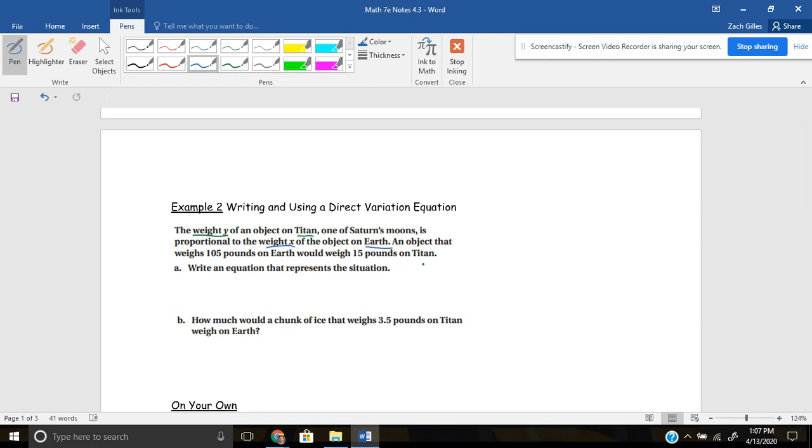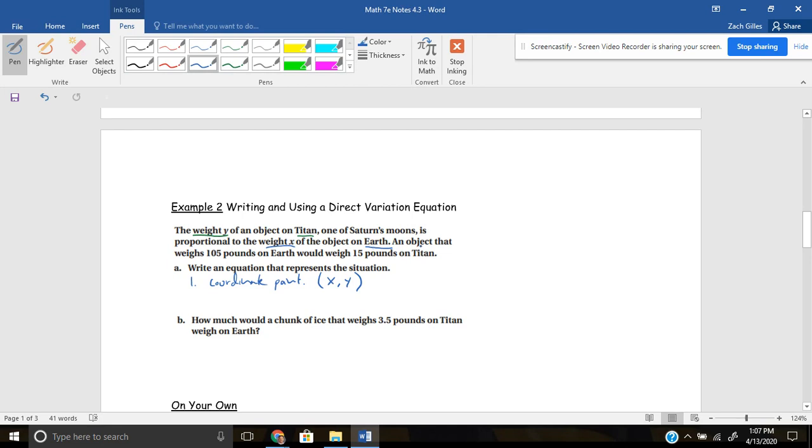So first, I just have these 2 points. Let's take those points and write them as a coordinate point. Remember, a coordinate point is just x, comma, y. In this case, x stands for the weight of an object on Earth.